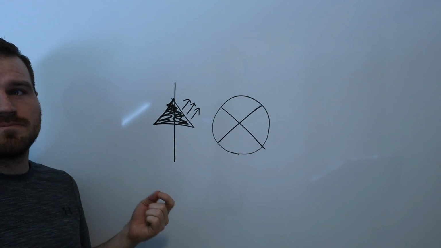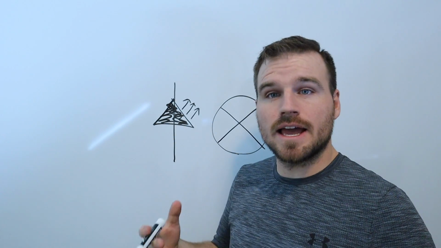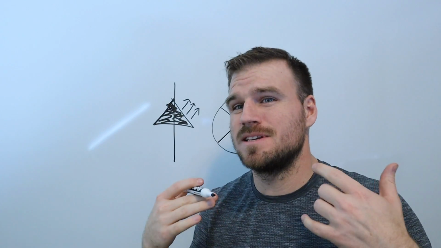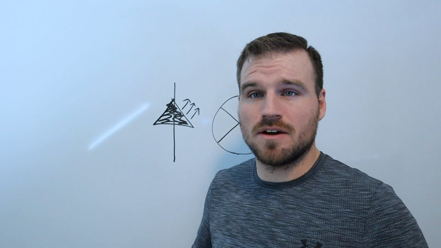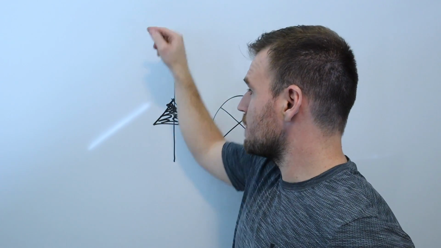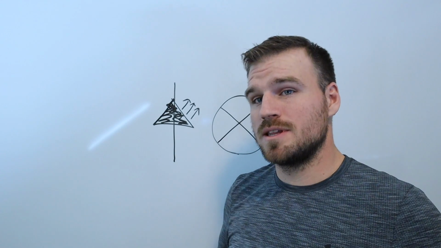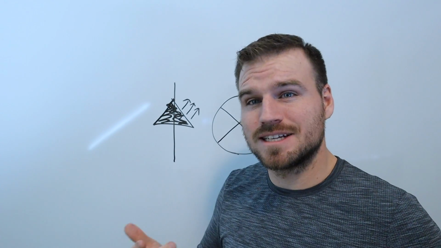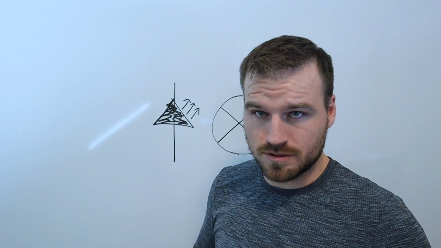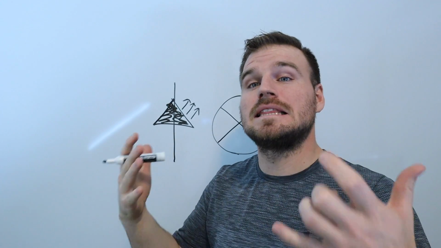You may not know this right now, but an LED is actually a diode. We're going to talk about diodes when we get into our actual circuits. A diode is a one-way check valve, meaning electricity can flow this way, but it cannot flow this way. An LED is one of these diodes, but it emits light. So LED stands for light emitting diode, and these arrows right here indicate that it is emitting light.